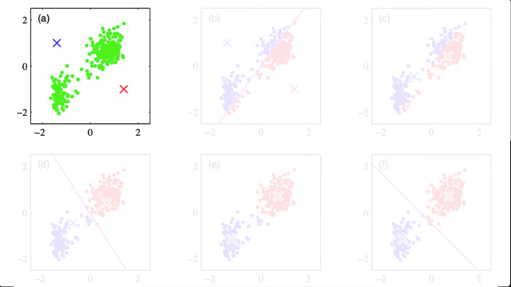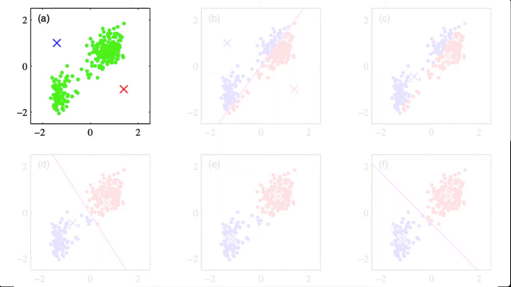So one, as you can see on your screen, is marked with a blue cross and the other is marked with a red cross. And now what you do is that all the points which are closer to the blue cross are labeled blue, and all the points which are closer to the red cross are labeled red.